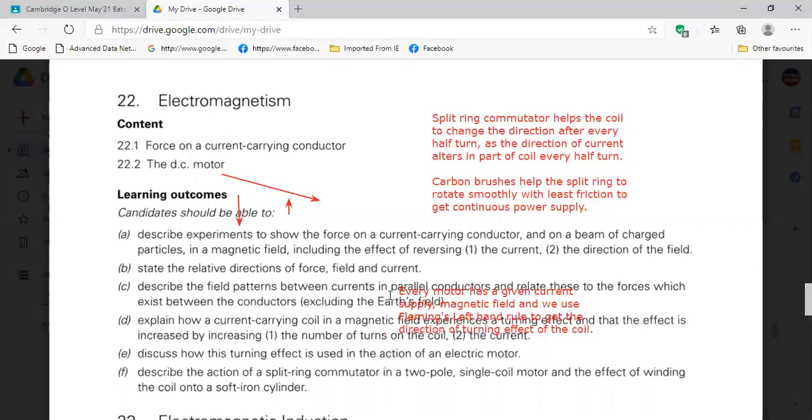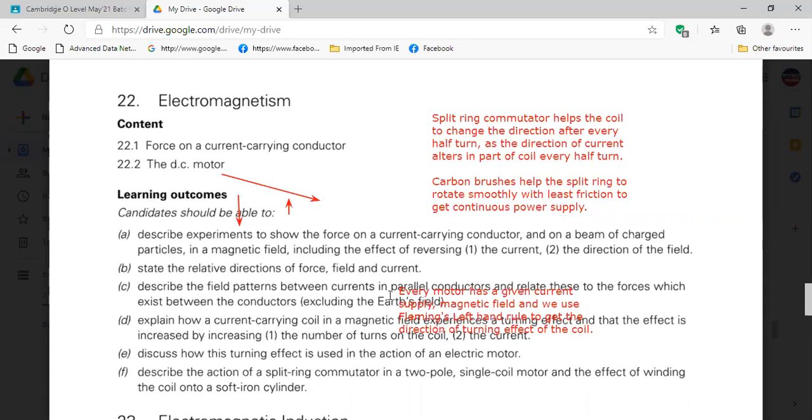So we understand how the split ring commutator is working, right? Now we have left the effect of winding the coil onto a soft iron cylinder. If you are winding the coil onto a soft iron cylinder, then we are having stronger forces, isn't it?